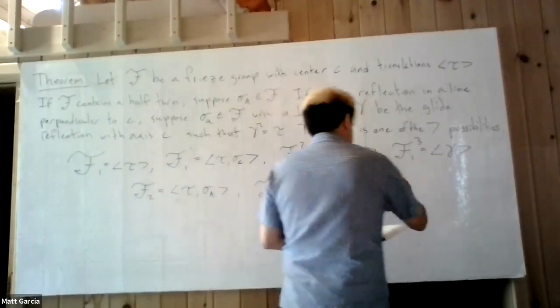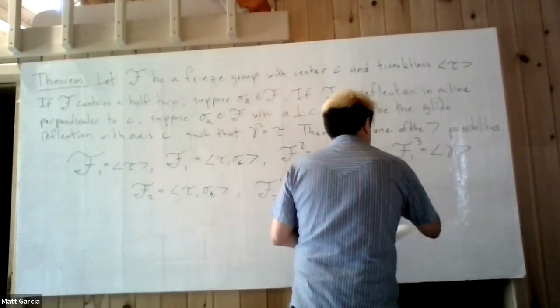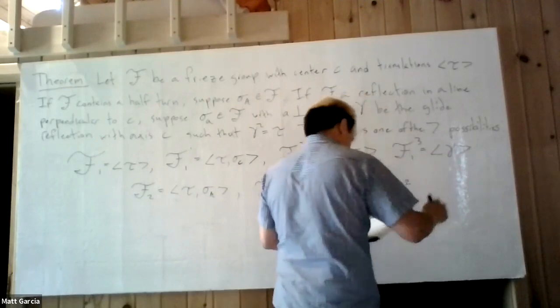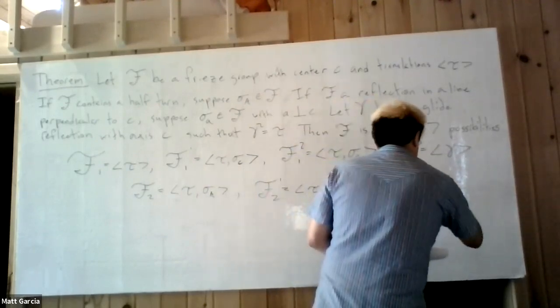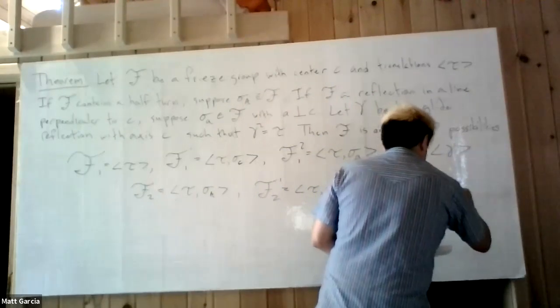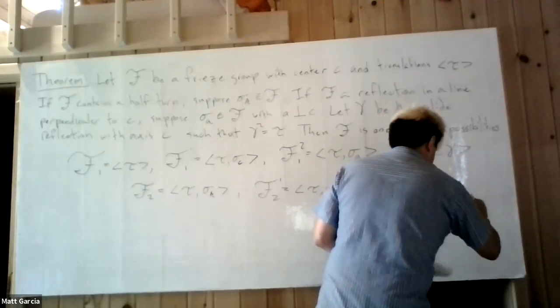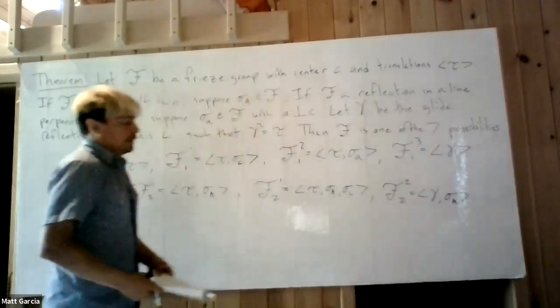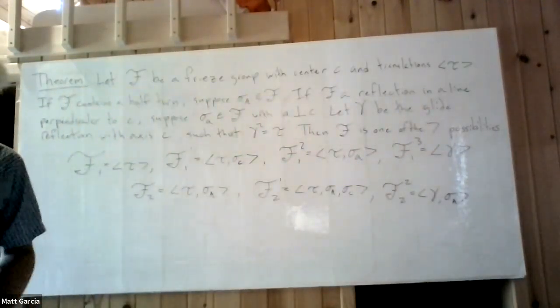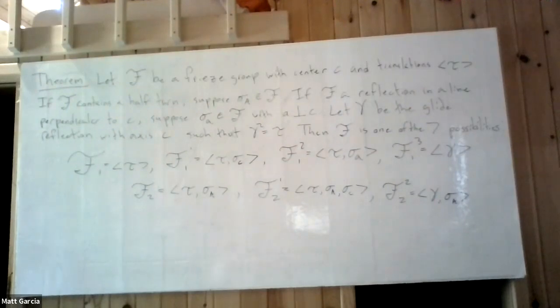And finally, F22, the group generated by a glide reflection and the half turn sigma A. Okay. This is what we've proven over the course of the past 2 sessions.